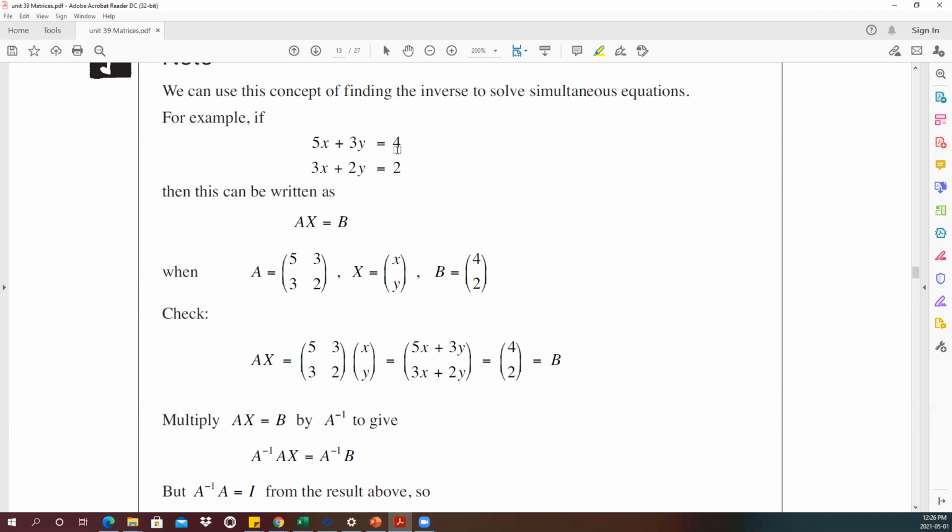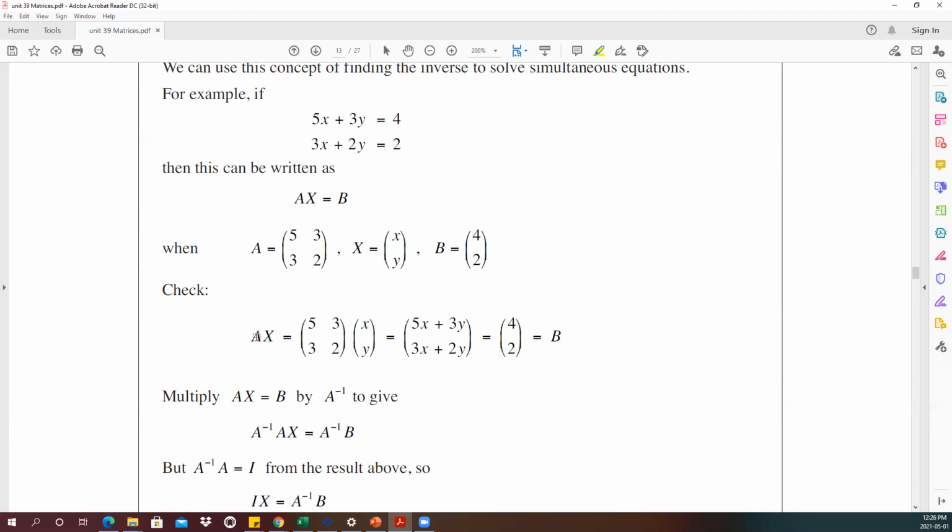And you put the result in another column matrix, 4 and 2. So just like that, AX equals B. Matrix A is 5, 3, 3, 2, which is the coefficients. Matrix X has the variables x, y. And lastly, matrix B has the result 4, 2.